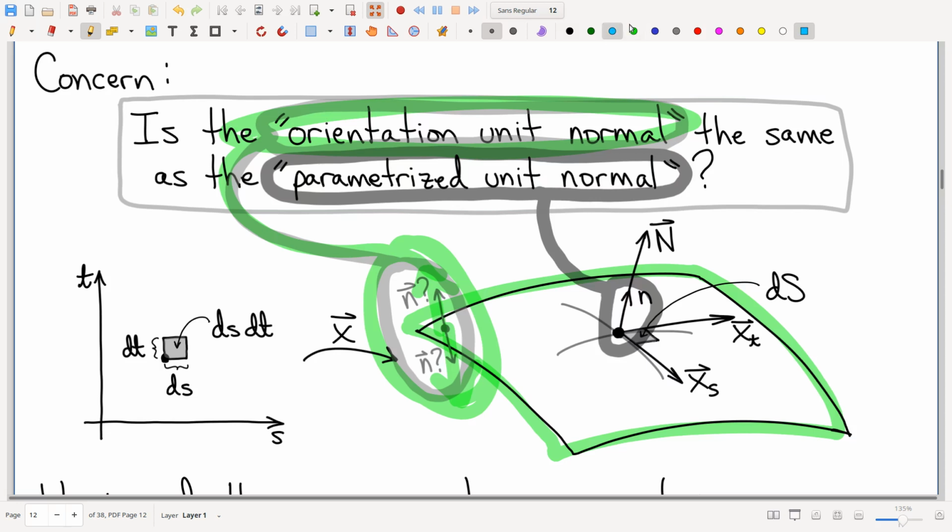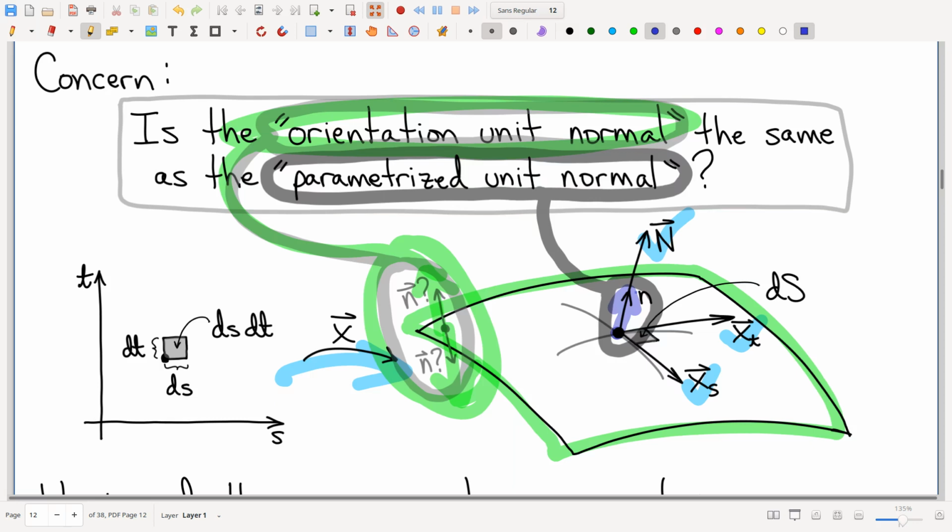Fine, and then we parameterize. The parameterization determines those partials, which therefore determines this capital N vector, which therefore determines a normal, right? A unit normal telling you which way you're parameterizing. And this unit normal directly follows from how you chose to parameterize your surface.